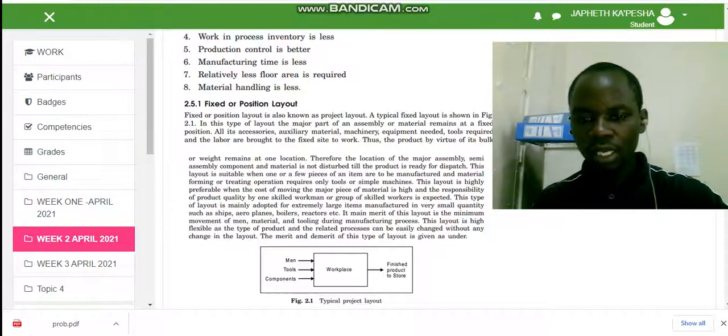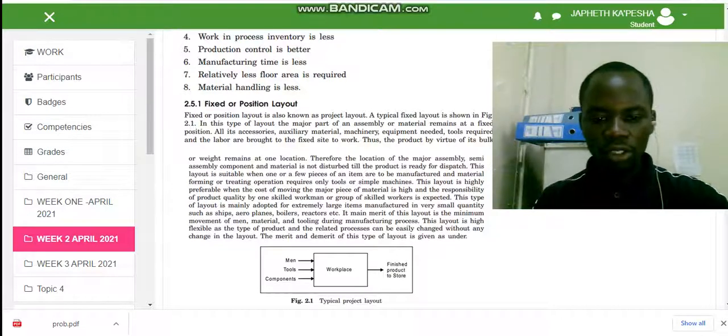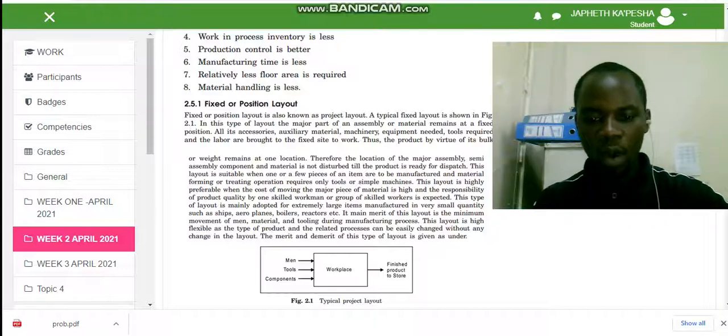So what comes into this box in figure 2.1 is that we feed main tools and components with raw materials, then they are stationed within this rectangular workplace, and at the end they deliver for us finished product to the store.